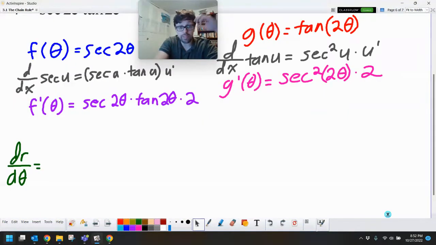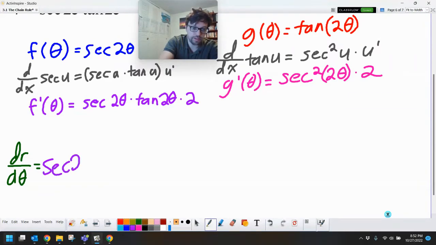Now it's time to write this big old mess of stuff, so I prepped a lot of space. Make sure you've got space. We need to do the derivative of that first part. So that is our secant 2 theta, tangent 2 theta, multiplied by 2.